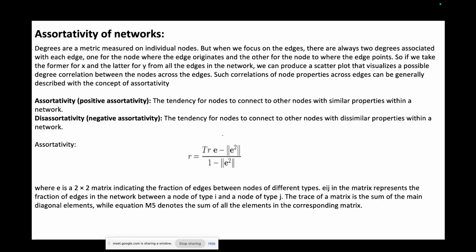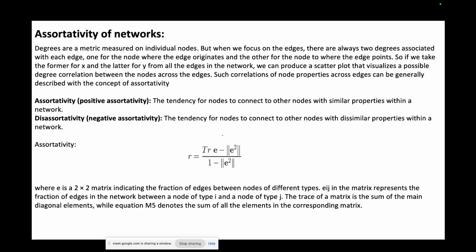So the concept is simple, that you have similar type of nodes that actually connect together. So this is true across a lot of network examples, including biology. So in our case, in biological cases, we are more concerned about network assortativity, where basically the same type of genes or proteins are connected to each other, and how we can use this concept to study a particular phenotype or a disease, etc.